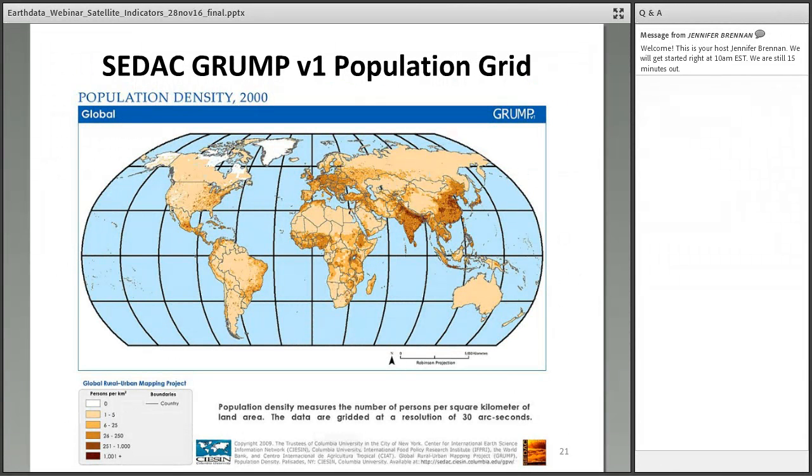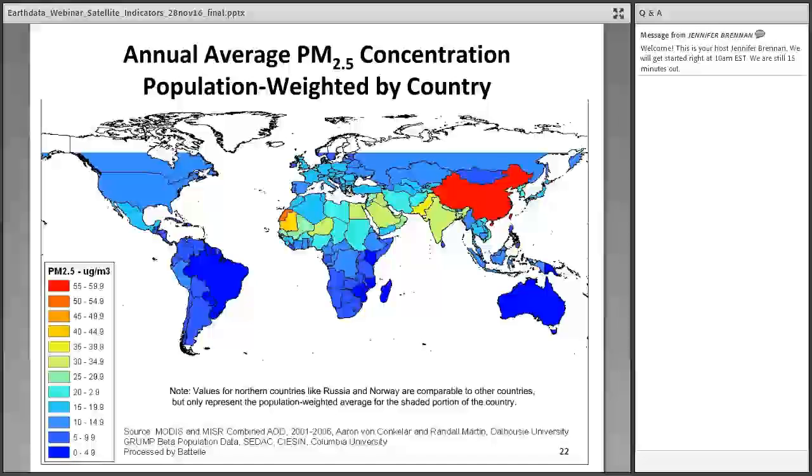Then we took SEDAC's Global Rural Urban Mapping Project, or GRUMP version 1 population grid, and we used that to weight the 1 kilometer aerosol optical depth data, or rather the PM 2.5 model data, to come up with population-weighted measures. And this, for instance, is the country-level metric that we derived.